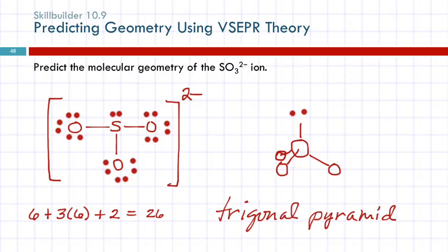But you can't determine that without looking at the electrons first, because this lone pair of electrons, even though it doesn't show up on the molecule because it's invisible, it's so small, it has an effect on the geometry. If the lone pair wasn't there, then this would be a trigonal planar molecule, and instead of 109.5 degree angles, it would be 120 degree angles. Does that help? Any other questions?